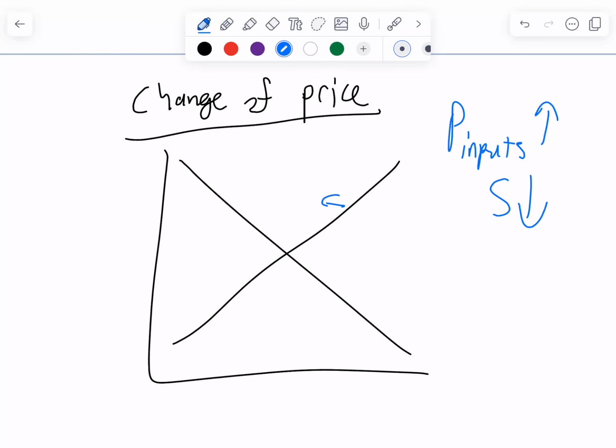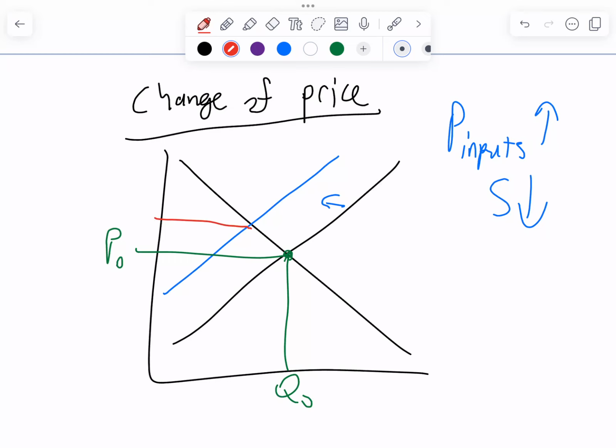So we should shift the supply to the left. Looking at the equilibriums here, right? Here's your old equilibrium, and here's your new equilibrium. As you can see here, prices do go up and the quantity goes down. Again, because this happened, we have a shift in supply.